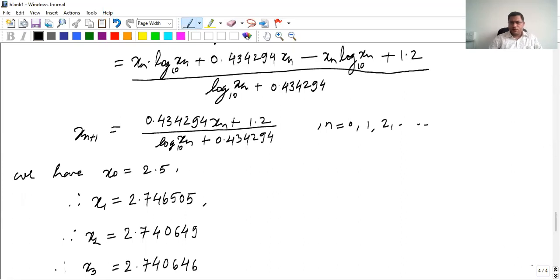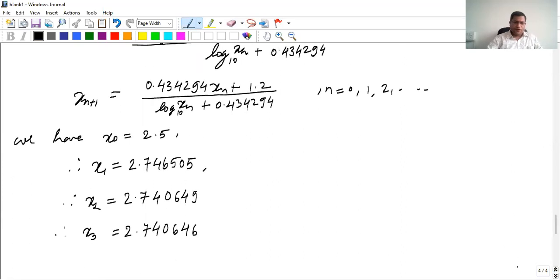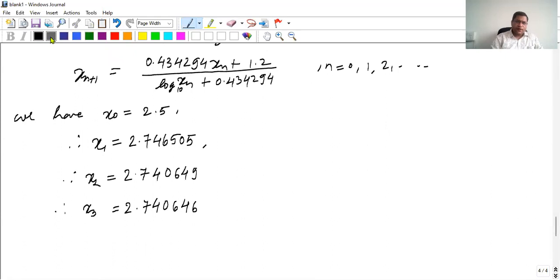Here we can see that 4 digits are matched. Our accuracy required is 10 raised to minus 4. Here we have matched in fact 5 digits, but our accuracy required is at least 4. Here it was 74065, here it is 74064. Only the sixth digit has a difference. So the required accuracy is reached, and we can stop here for this example.